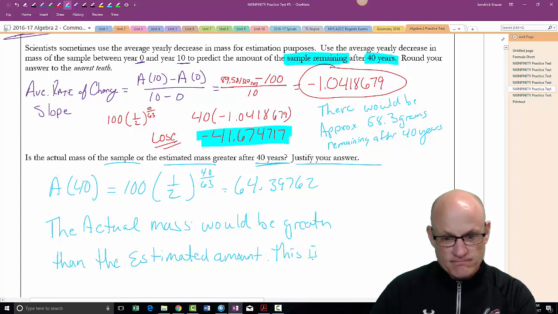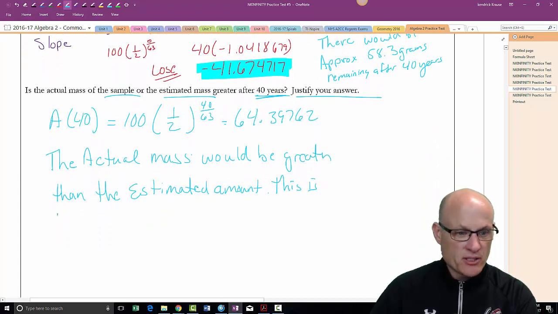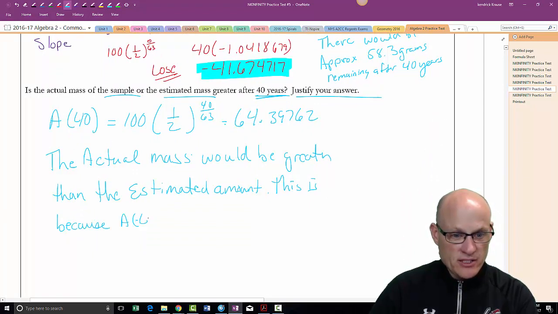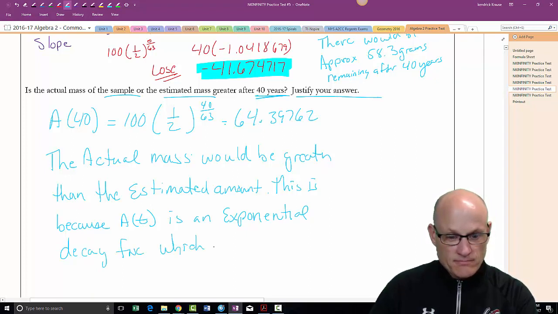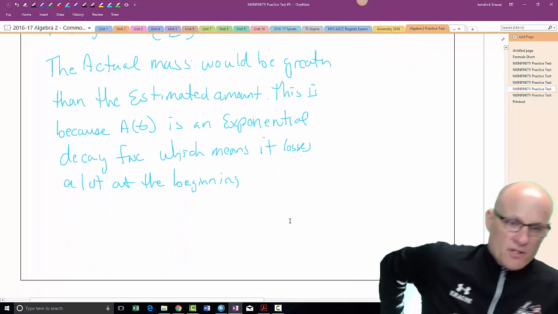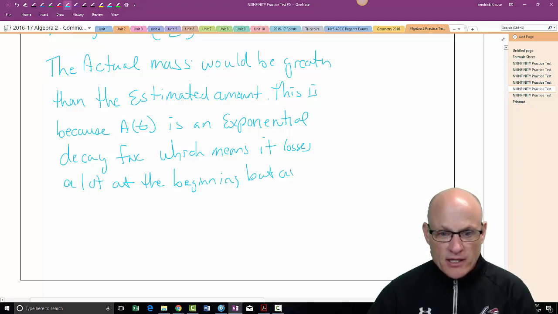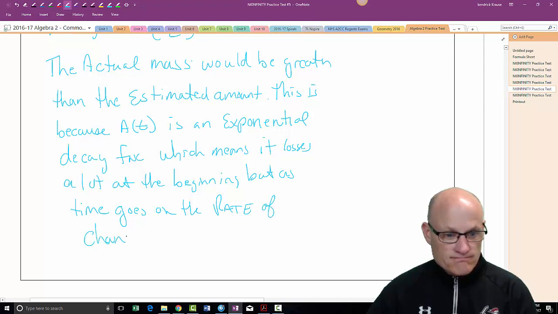This is because A of t is an exponential decay function, which means it loses a lot at the beginning, but as time goes on, the rate of change decreases.